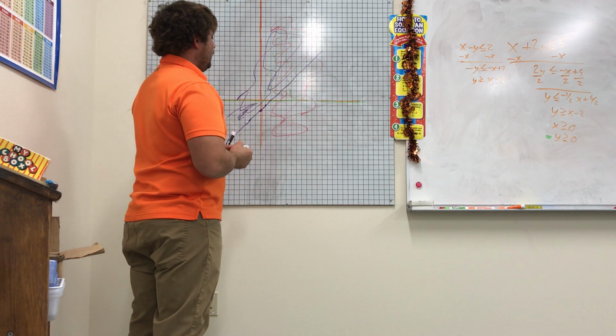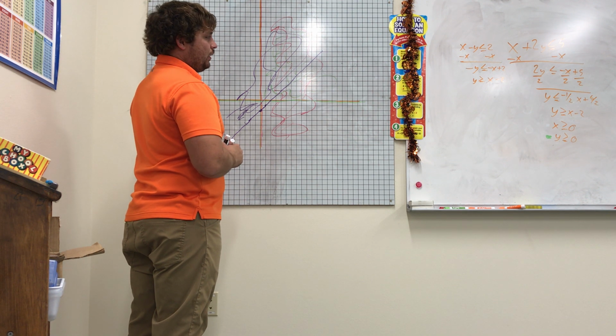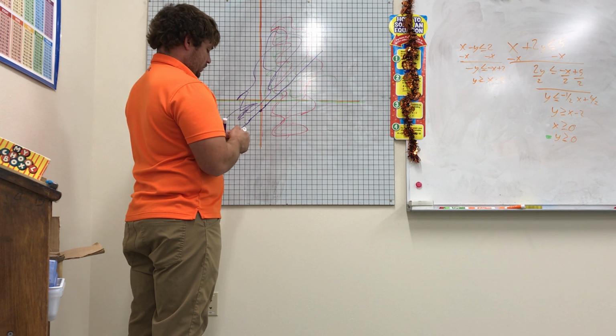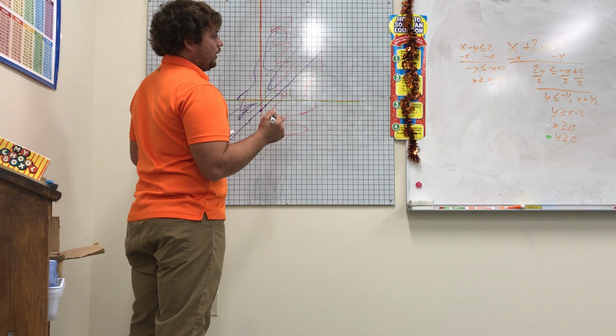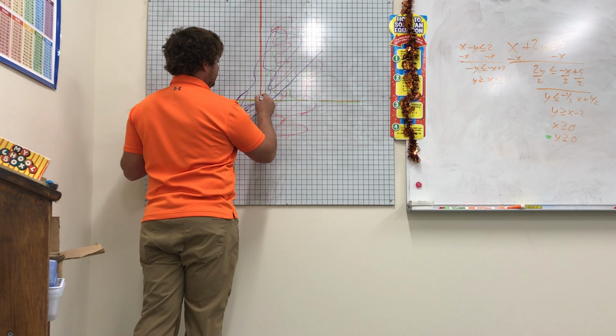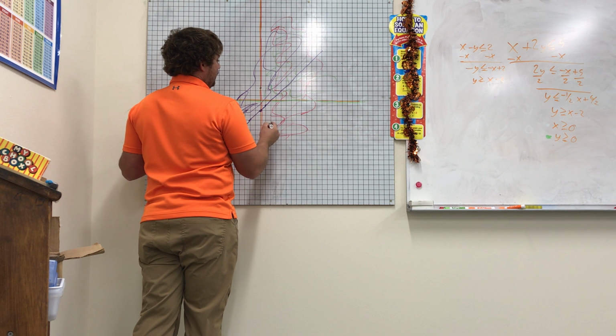The other one that you are going to have, you're going to have this x, so you're at 5 over 2, which is 2.5.